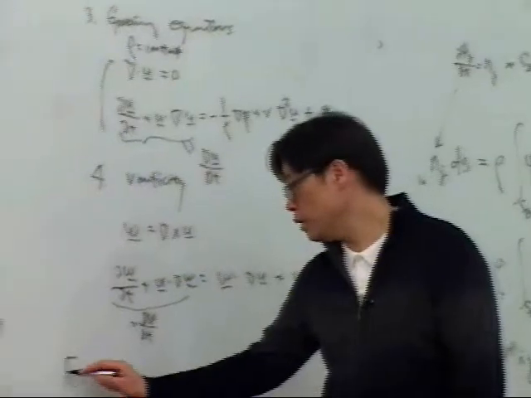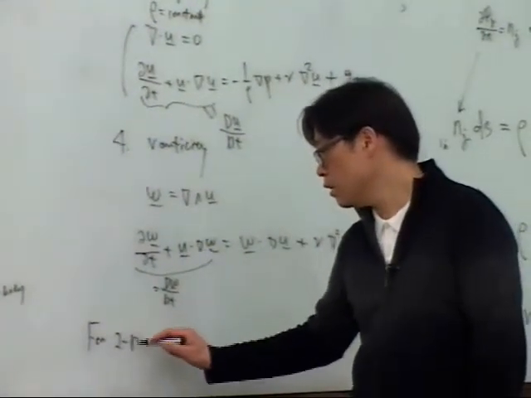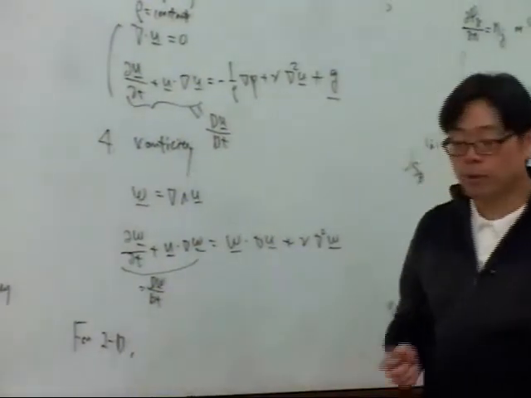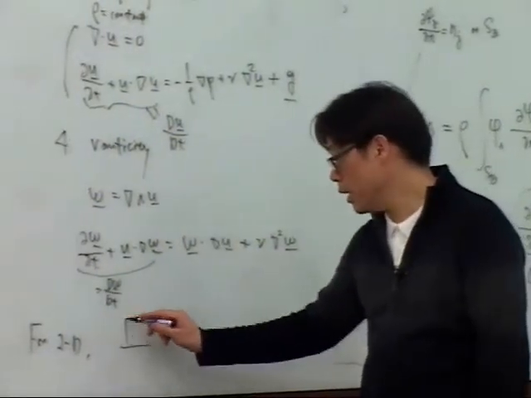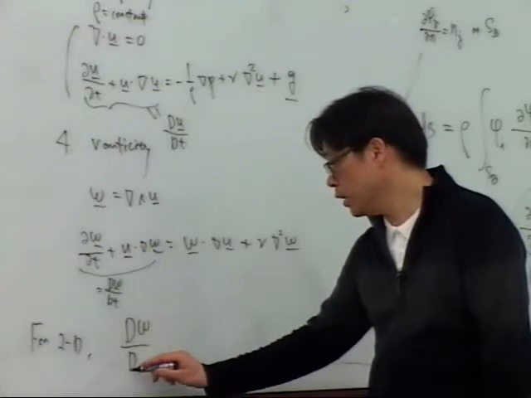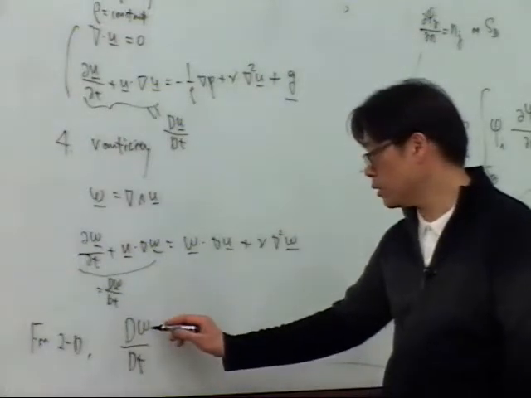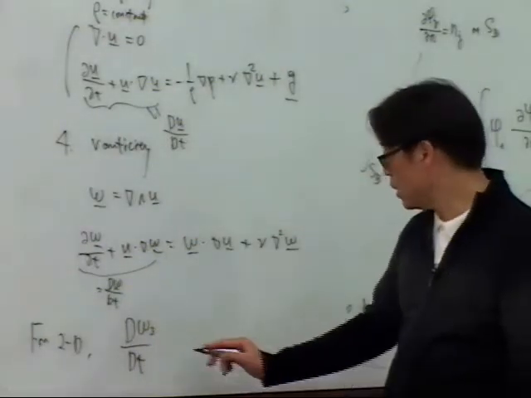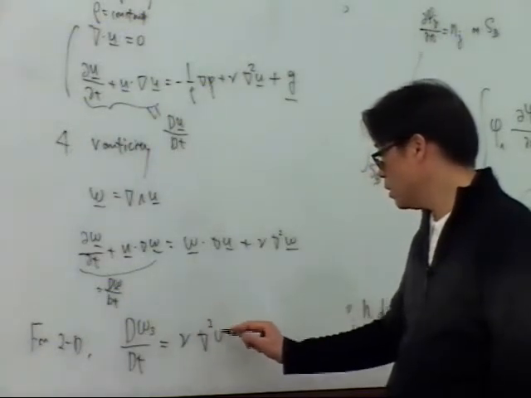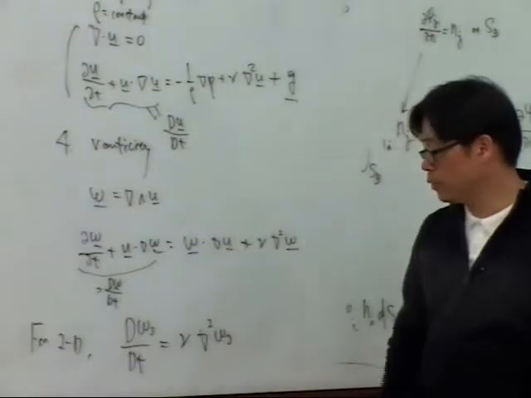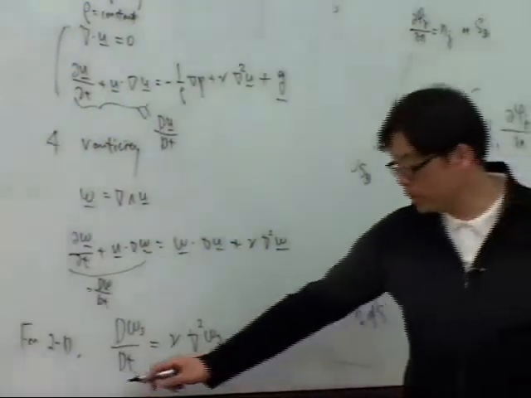For 2D, I have only one component. So I have d omega/dt. So this is the component in the z direction, has to be equal to, this term disappears for 2D, and that's what we have.